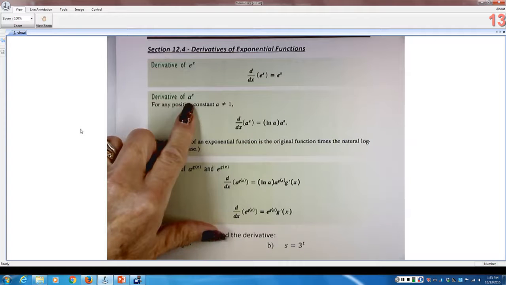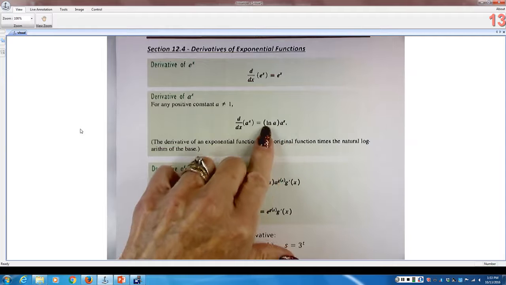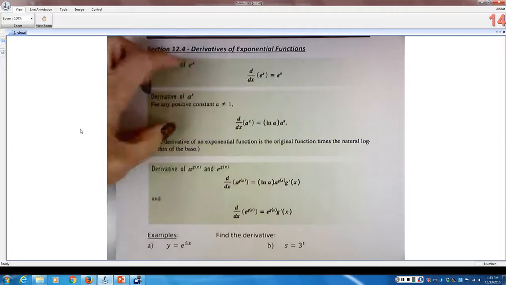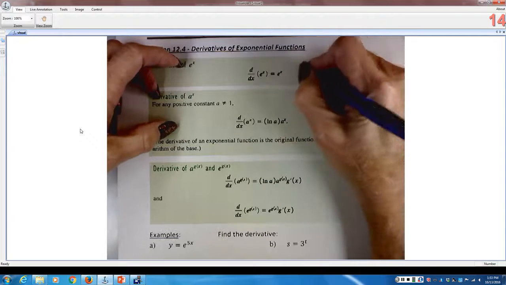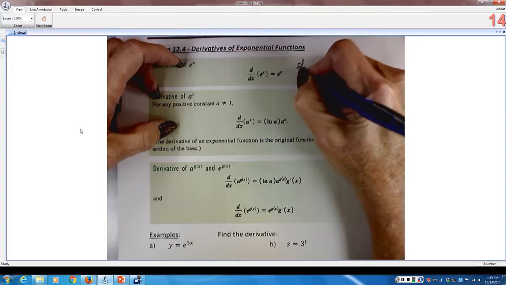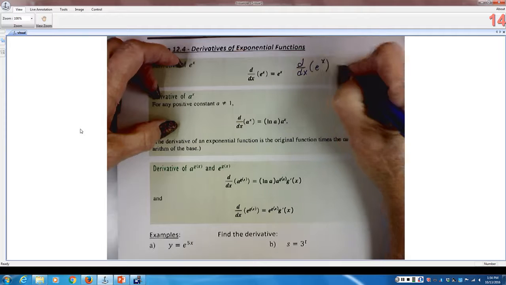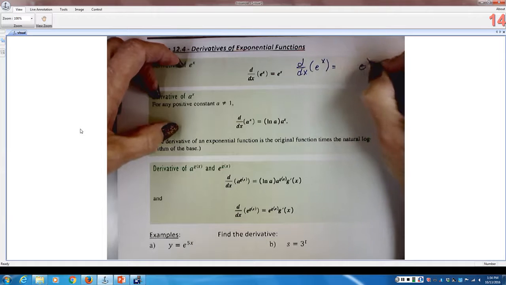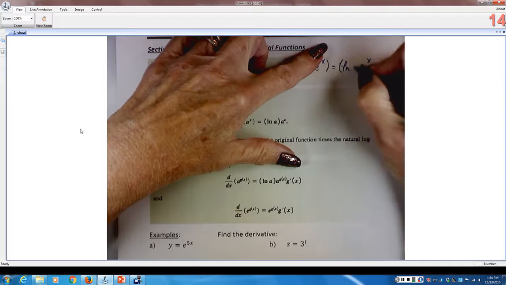The derivative of a to the x, on the other hand, is a to the x times the natural log of a. These two are actually the same rule. The only difference here is that the derivative with respect to x of e to the x is e to the x, just like it's a to the x, but it's times the natural logarithm of e.